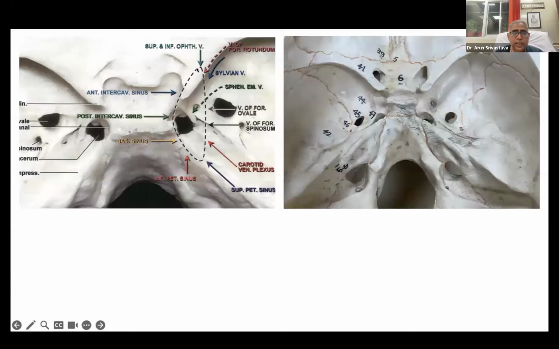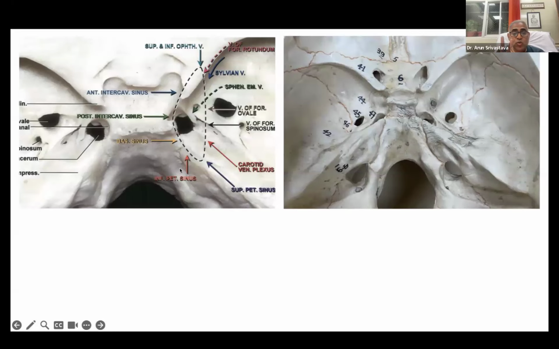So, a little bit about the cavernous sinus. This is the photograph taken from Rhoton. You see the cavernous sinus; the posterior part is very bulky in human beings, and that is known as the basal sinus. And that drains to the transverse-sigmoid junction through the superior petrosal sinus and to the jugular bulb through the inferior petrosal sinus.